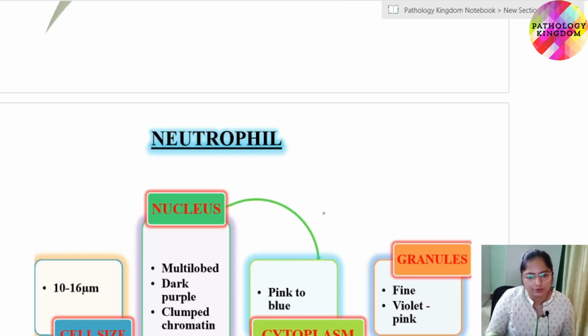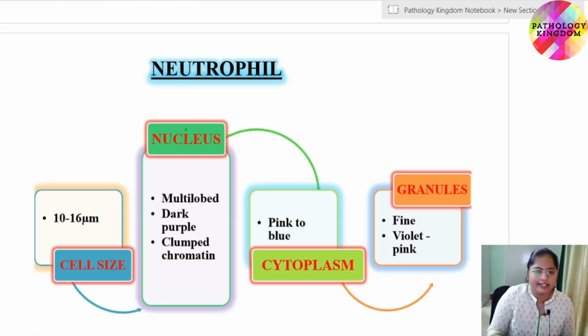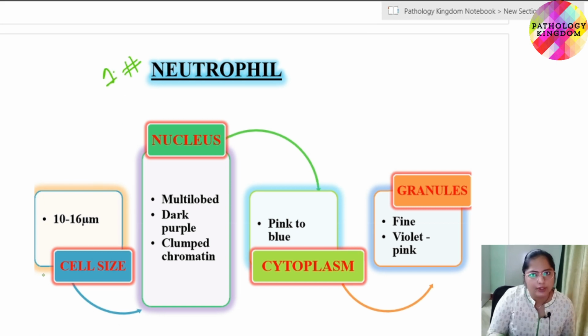Now coming on to the first granulocyte, that is neutrophil. We are going to discuss all the three granulocytes on these four parameters. First is cell size. Their cell size is similar, 10 to 16 micrometer for neutrophil, eosinophil as well as basophil, because their maturation series is common.